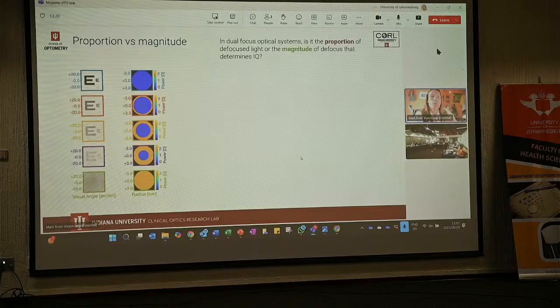Let's take this first question. Is it the proportion or the magnitude of the focus that is most important? So we can do the lens. We go from top to bottom. If we don't have any treatment, we get the best quality. Then we put a ring in the ground, and this is 85% of the whole object.